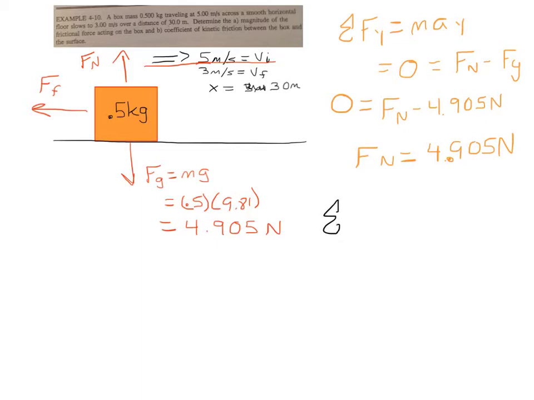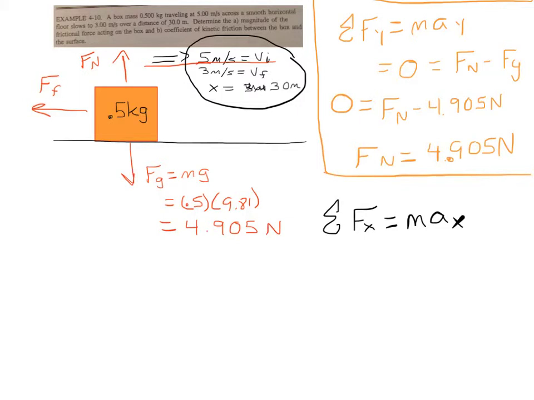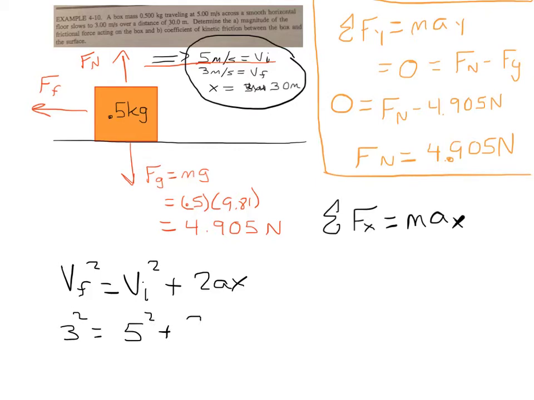For the net force in the x direction, that's going to be mass times acceleration in the x, which is not going to be 0 because it's going from 5 to 3, so that means it's decelerating. So what we first have to do is use that information to find our a. Since we know the v initial, the v final, and the x, we can use the equation v final squared equals v initial squared plus 2ax. So we get 3 squared equals 5 squared plus 2a times 30.